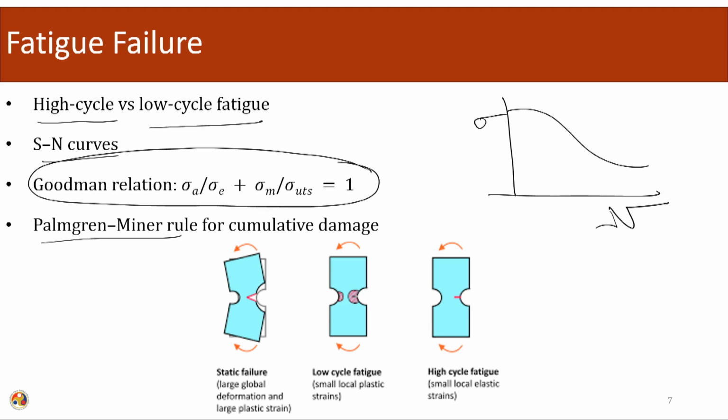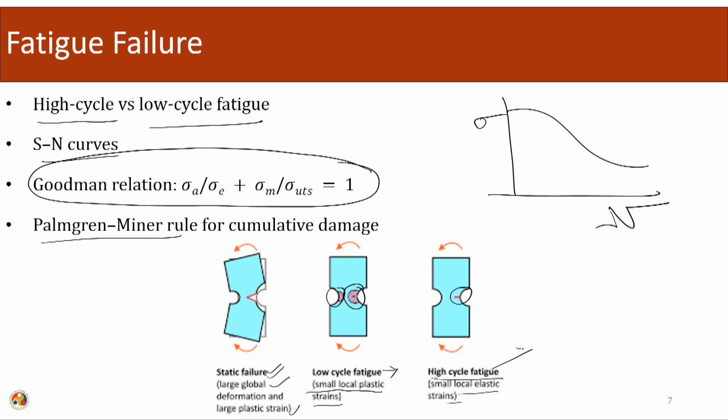So, basically what is happening here? This is the case of a static failure, where large global deformation and large plastic strain will occur. There is low cycle fatigue, in which small local plastic strain will occur, and in high cycle fatigue, small localized elastic strain will occur.